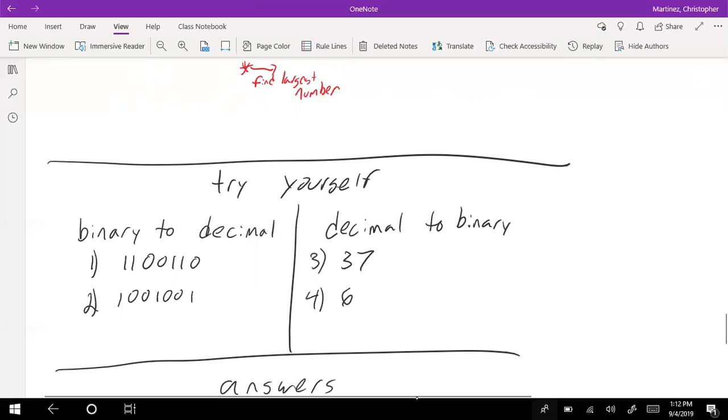And then I have 2 problems of going from decimal to binary. The third problem is find out what is the binary for 37, and for the fourth, we have a decimal of 6, find out what the binary value is. So pause it, do the work, and then when you're finished solving, unpause the video.